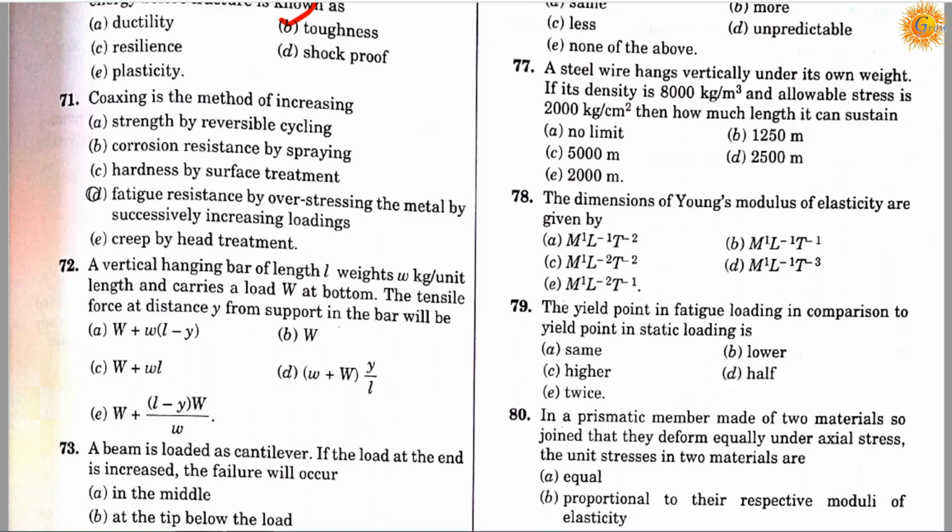So option D, coaxing is the method of increasing fatigue resistance by over stressing the metal by successively increasing loadings.